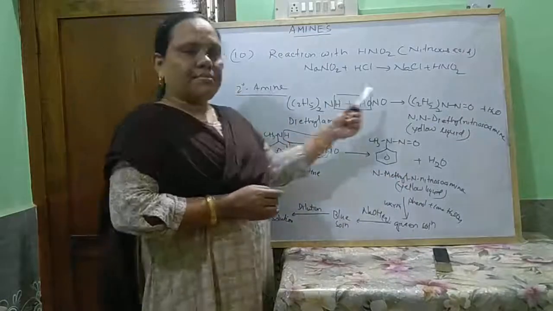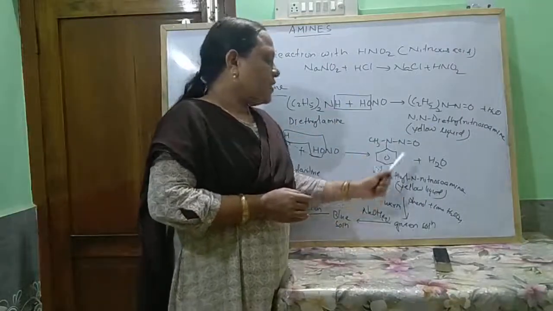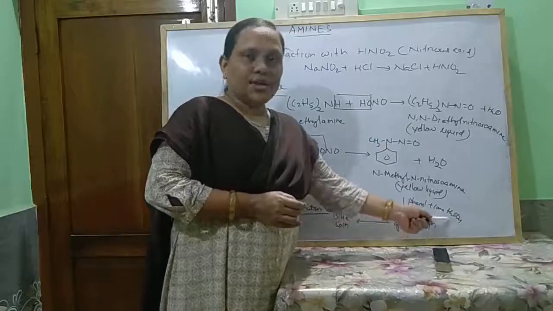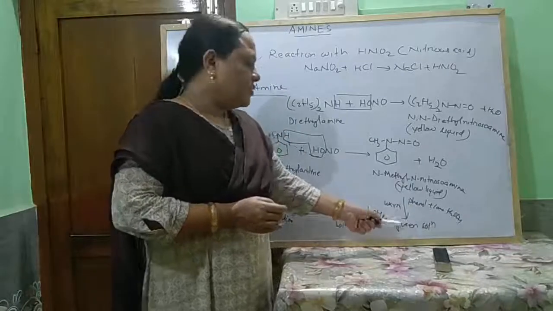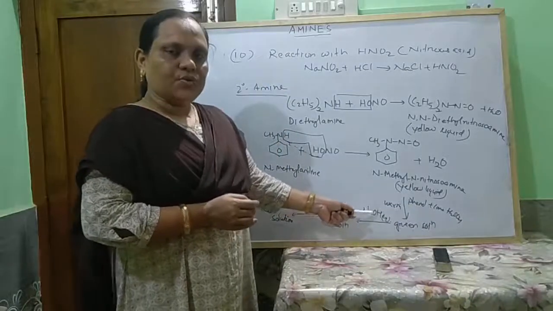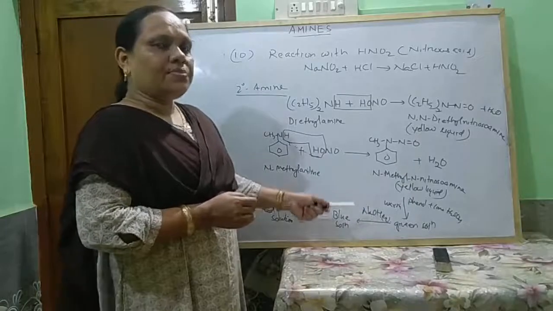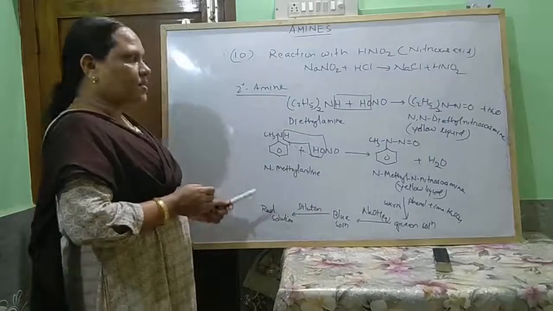In this way, it can be distinguished, and for further confirmation, when this yellow liquid is warmed with phenol and concentrated sulfuric acid, it forms a green solution. This green solution, when made alkaline with sodium hydroxide, forms a blue solution, and this blue solution again on dilution forms a red solution.